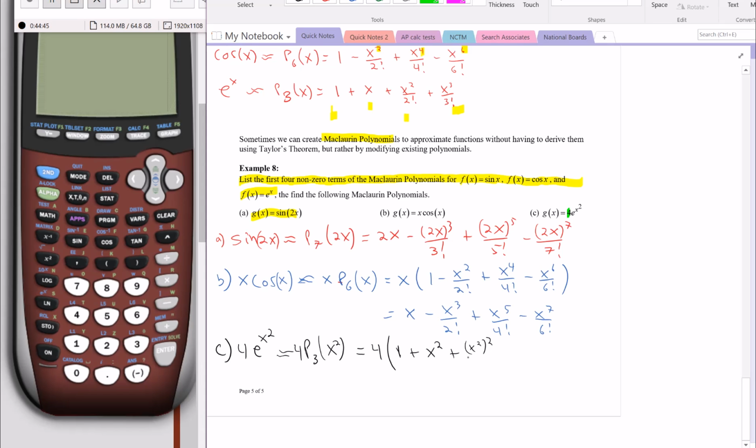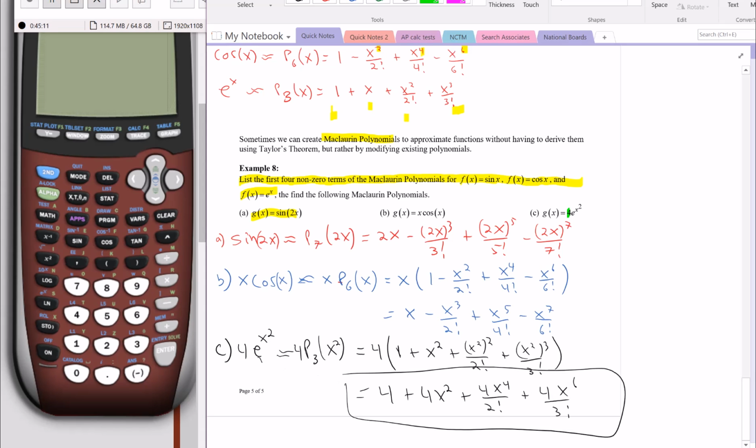So this is x squared squared over 2 factorial plus x squared to the third over 3 factorial, which would simplify to 4 plus 4x squared plus 4x to the fourth over 2 factorial plus 4x to the 6th over 3 factorial, and then this would approximate this one.